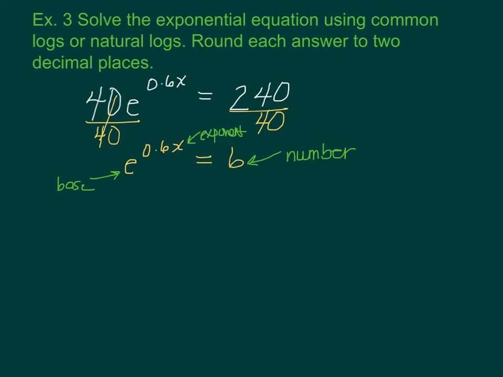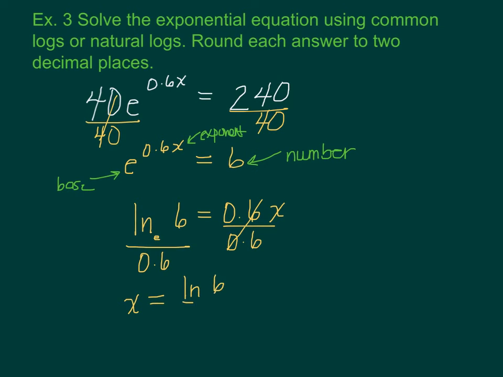Now usually when the base is e, we use LN, and e is understood, but I'll just put it there. So then to get x by itself, you would divide by 0.6. So in your calculator, you're going to do ln 6, close the parentheses, divided by 0.6. And your answer should be 2.99.